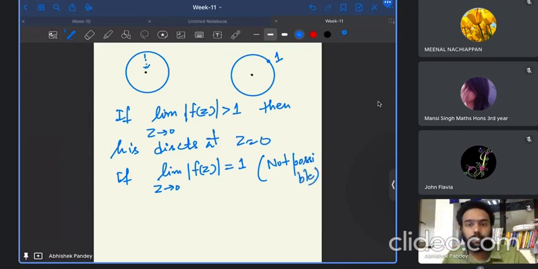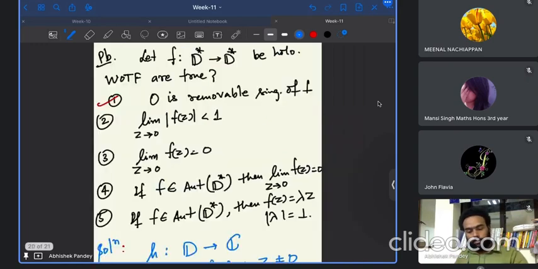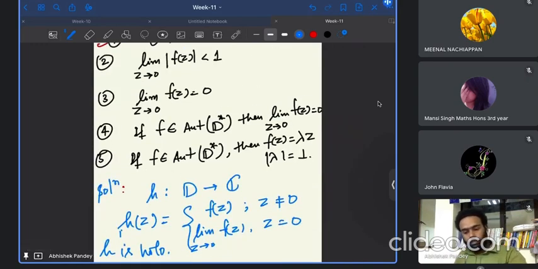Is it clear? Any doubt? So basically this is going to 1, so modulus of h of 0 will be 1. It will attain the maximum in the interior of the unit disk, which is not possible by the maximum modulus principle. It has to be constant. Is it clear?